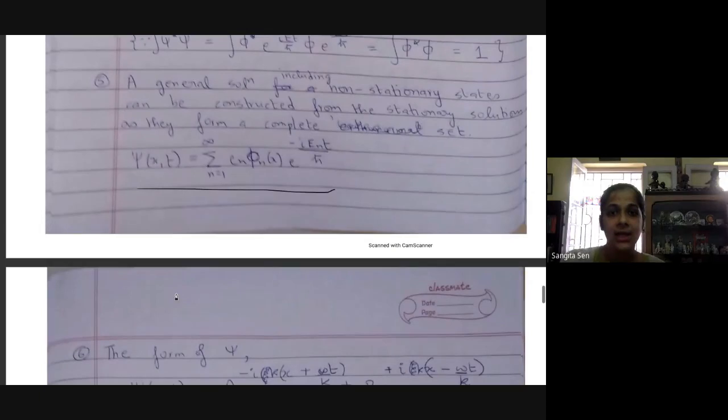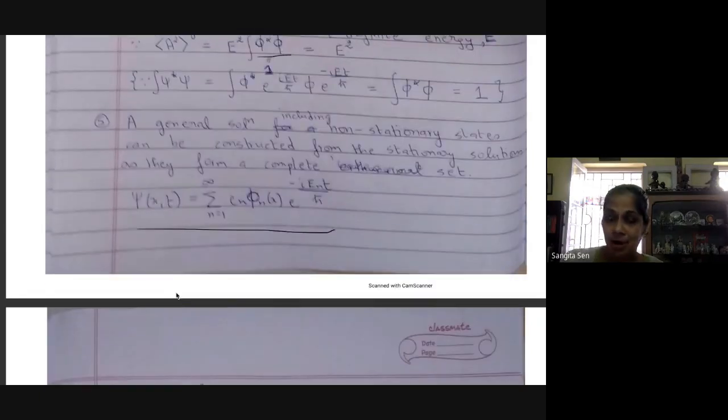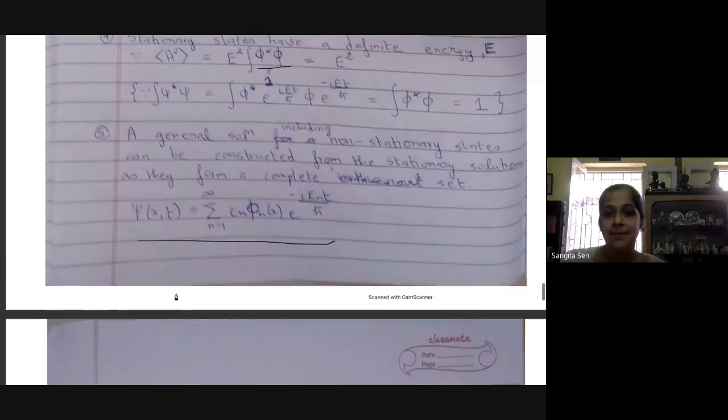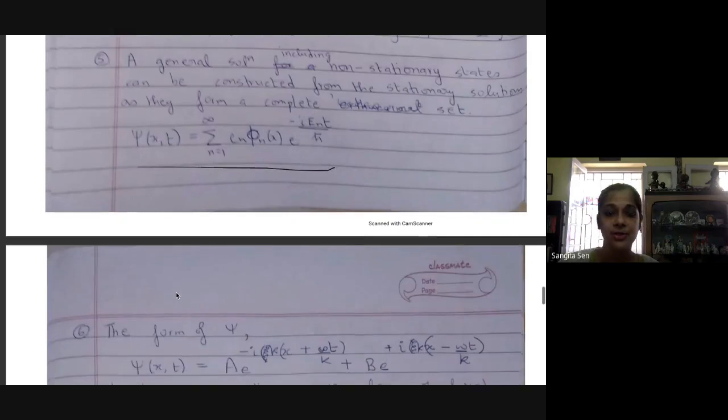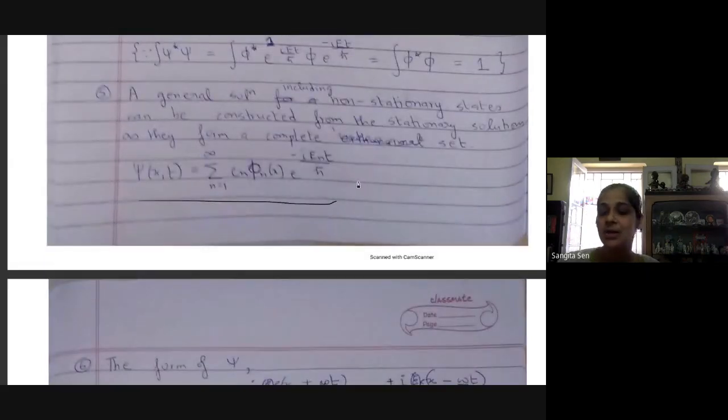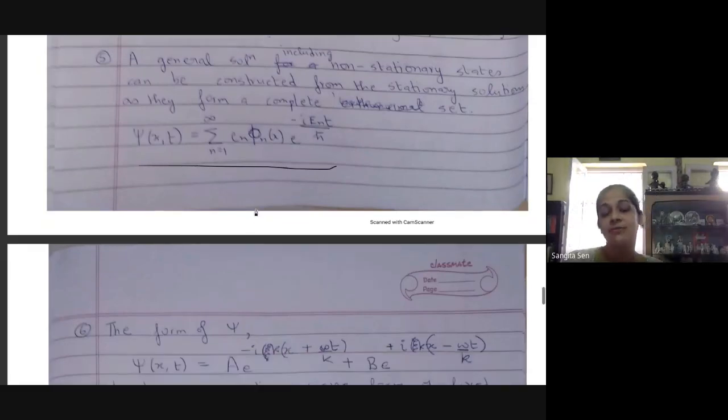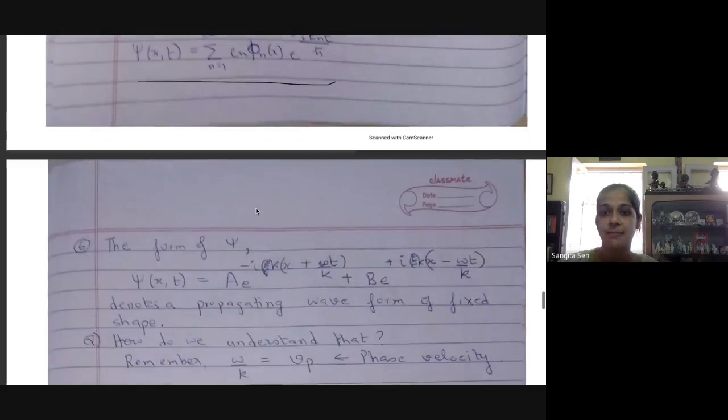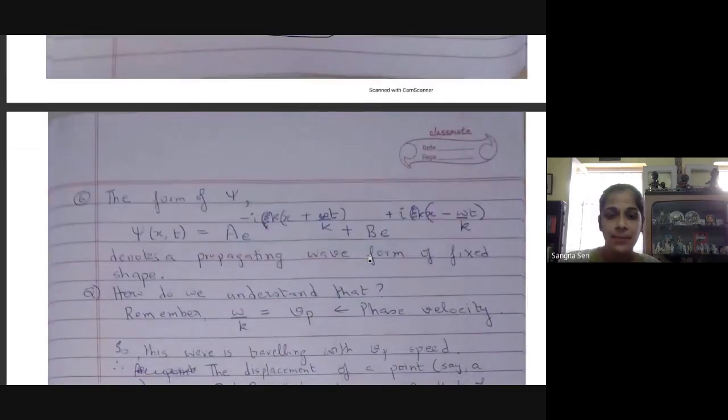So this is a byproduct, and this is because of the beautiful eigenvalue nature of the Schrodinger equation. Because of that, once we have a complete set in terms of the stationary states, we can generate a function for a non-stationary state.